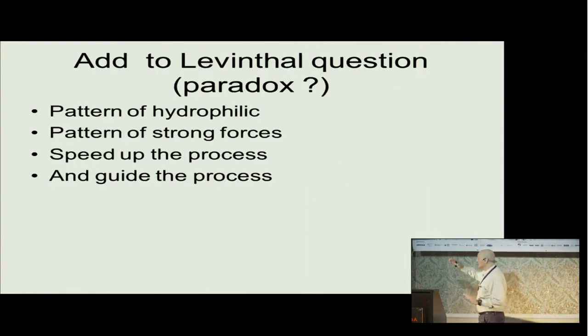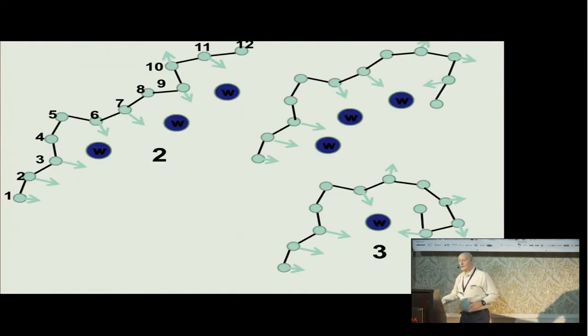And of course, there are some extensions of this when you have interaction between a water molecule with two hydrophilic groups or even three hydrophilic groups. I will show you some graphs in a minute.